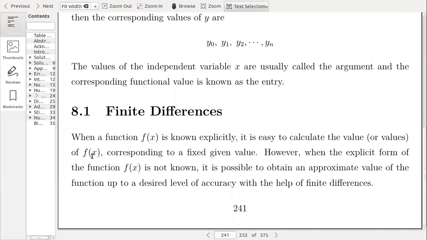That is why it is easier to evaluate explicit functions compared to implicit functions.